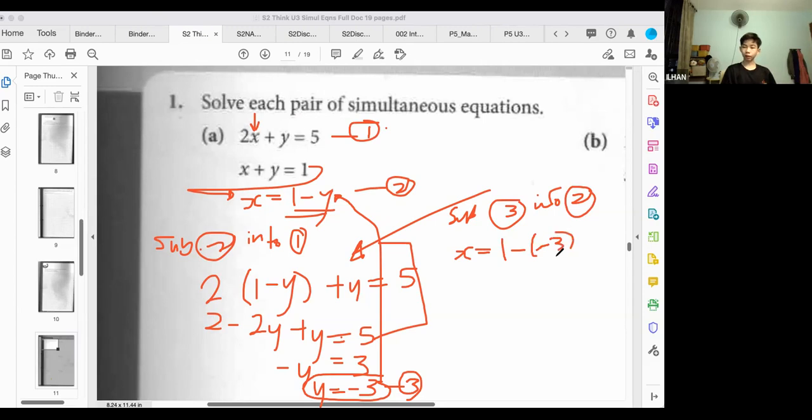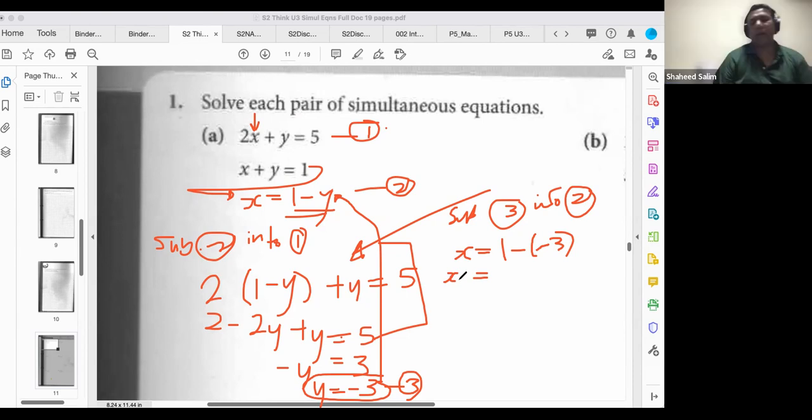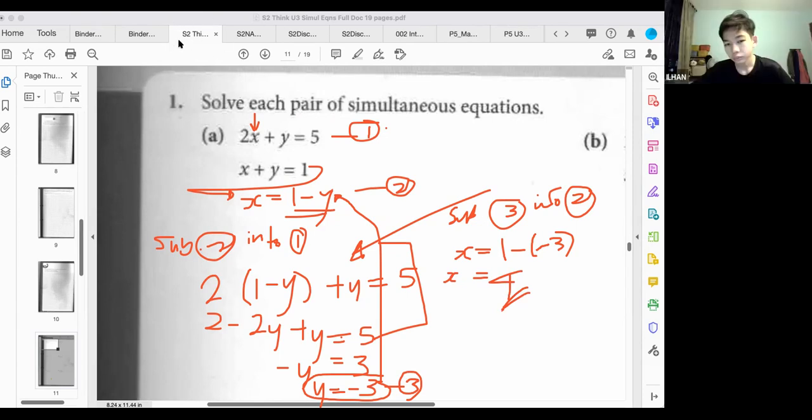Yeah. Okay, what's the answer then? It's positive 4. Yes, well done. So this value of x for y equals negative 3, you know what it means? It means this.